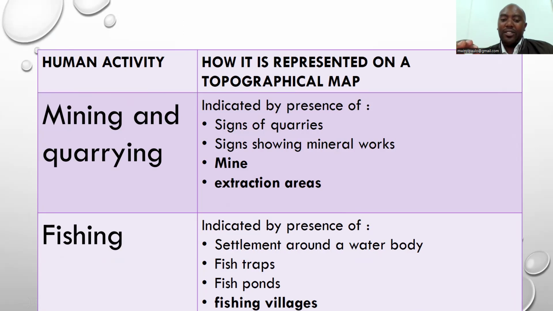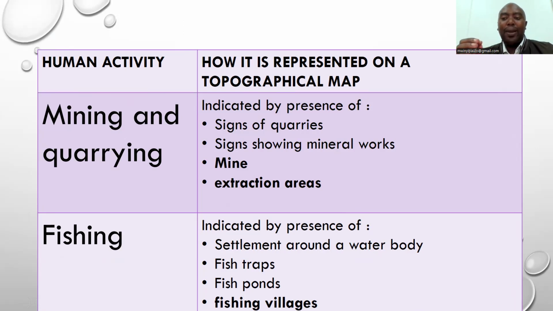What about fishing? Fishing on a topographical map is indicated by the presence of settlement around a water body, fish traps, fish ponds, and even fish villages.